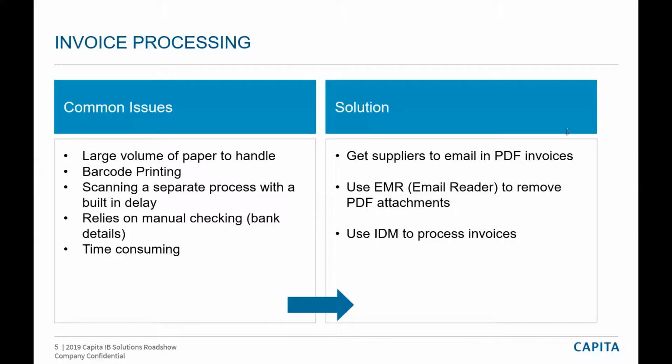It will then remove the PDF attachments and store them in the Integra report file server, or RFS, and then we'll use IDM to process those invoices. IDM is the successor to OCR. In this case, it uses the metadata in the PDF to get the data rather than OCR, although it will revert to OCR technology if there is no metadata.